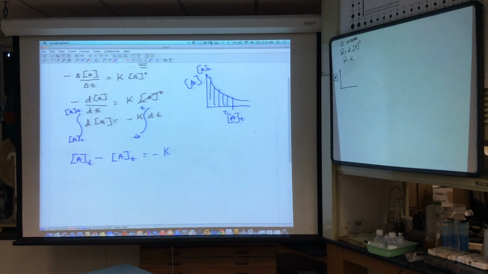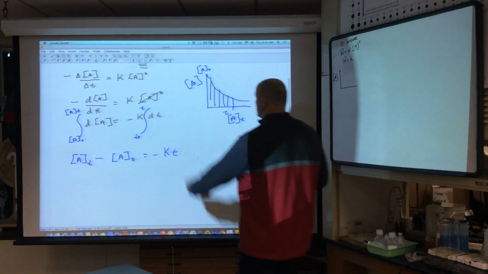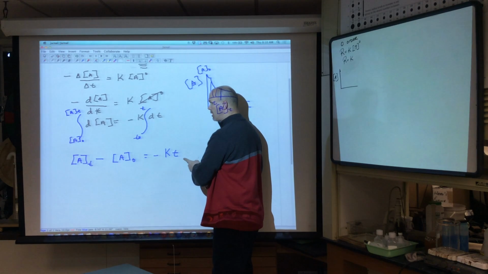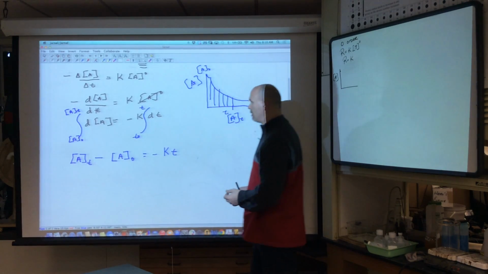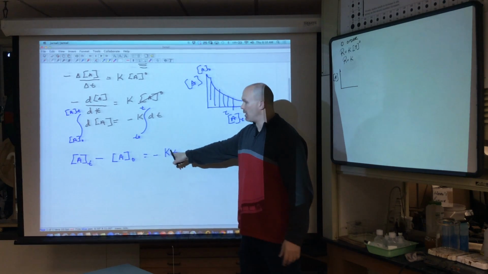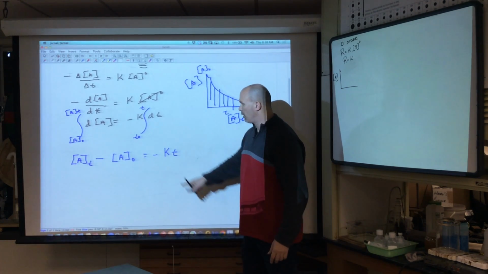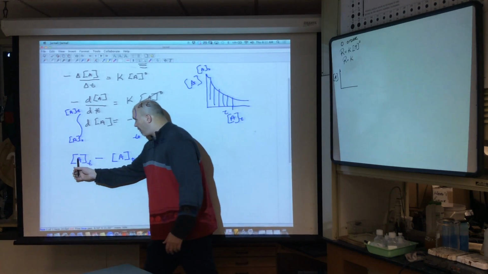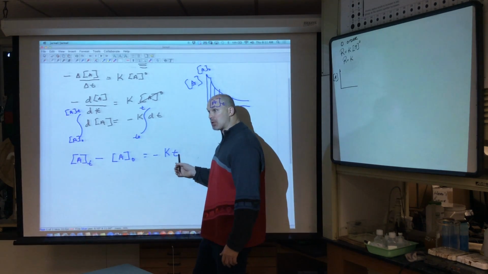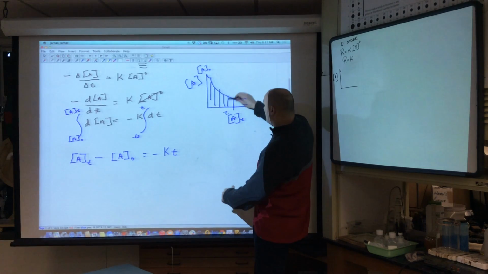And notice the integral of this is just t, just like the derivative of some number is just d of that number, or that number. So that, my friends, is the integrated equation. And look what it gives me. I have an initial condition, a final condition at some temperature. There's the link, because I'm adding these things.